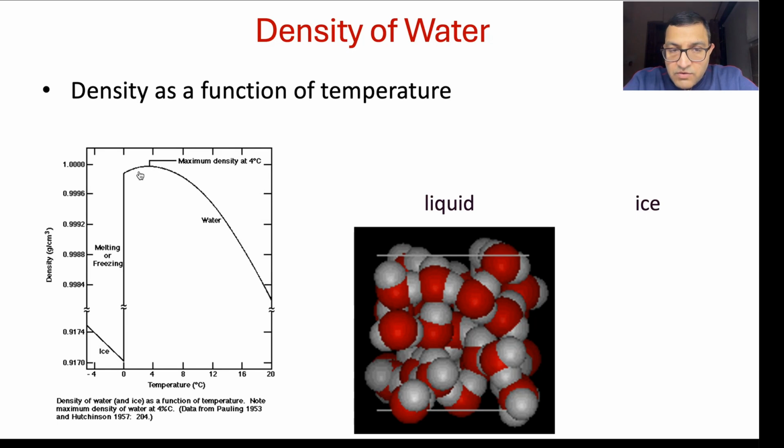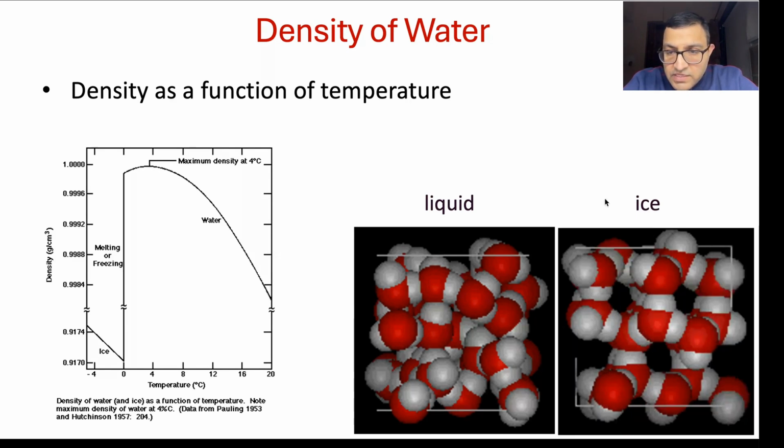The molecules now, instead of compacting further, start to form this hexagonal structure of ice, which is more organized and less dense than the water at 4 degrees Celsius.